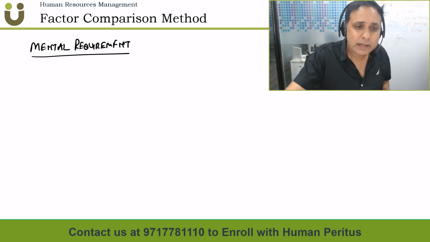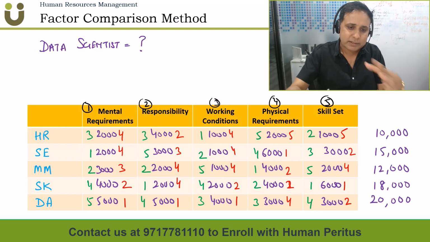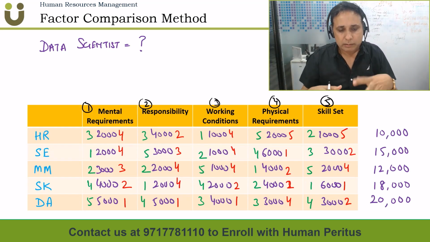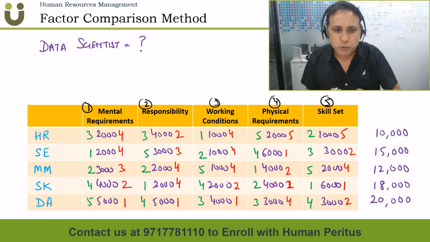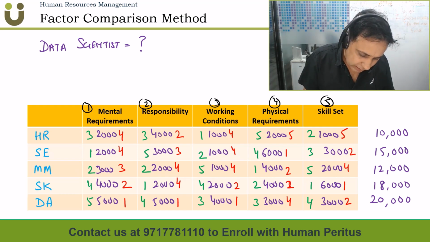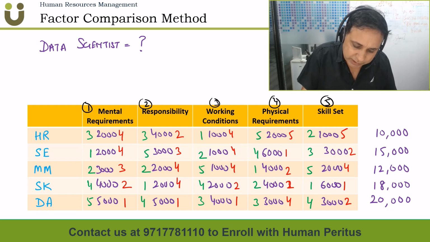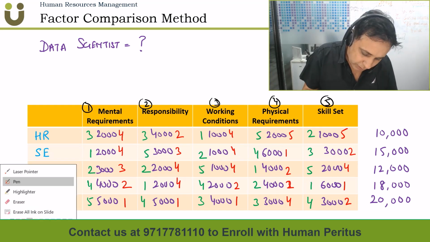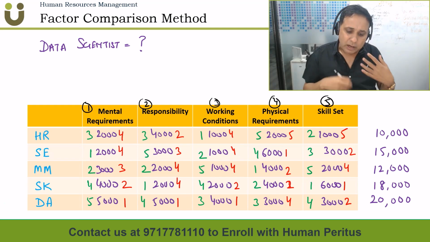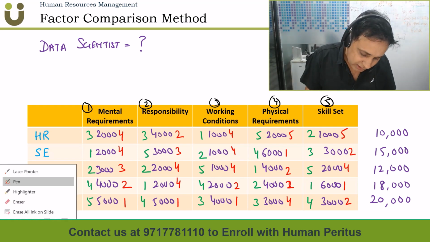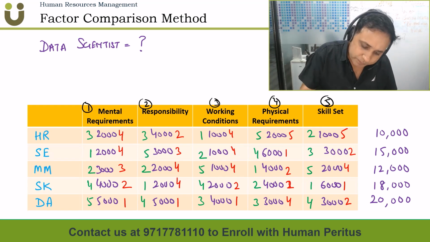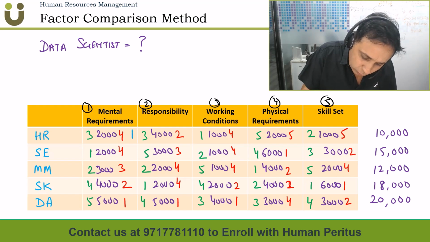Once I fix up this rank story, the ranks which I get after bringing them into consistency, I put them in this blue color. So my ranks are eventually 1, 2, 4, 5, 3.